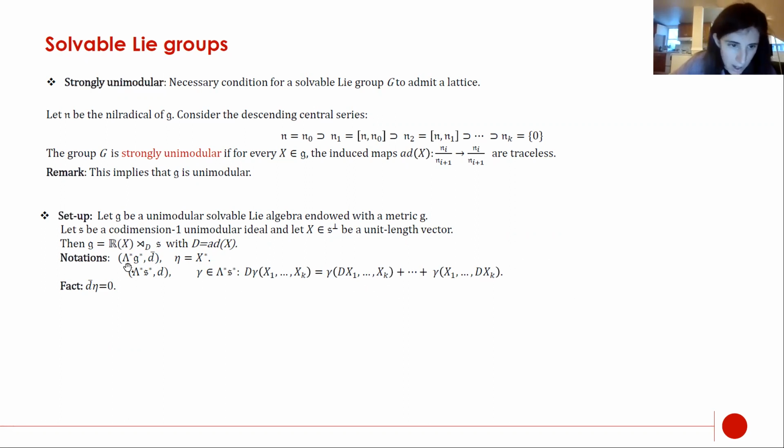And well, a non-difficult fact to check is that the one form eta is closed with the differential D bar.